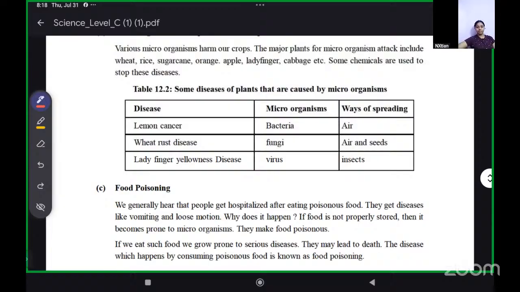Yes, Abraham, might be something in the ice cream that didn't suit you or that affected you. So it might be food poisoning. It might also be that it reacted with something you ate before or after the ice cream.